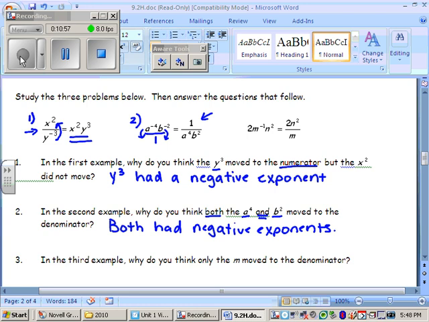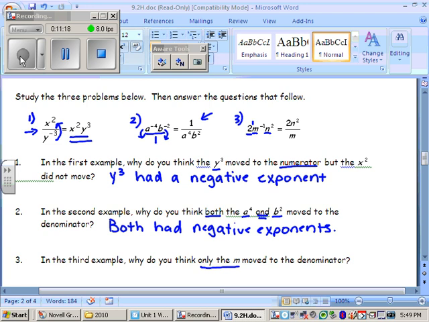The third question says, in the third example, why do you think only the m moved to the denominator? Well, if you look, there are 3 bases. The 2 has its own exponent of 1, the m has an exponent of -1, and the n has an exponent of 2.